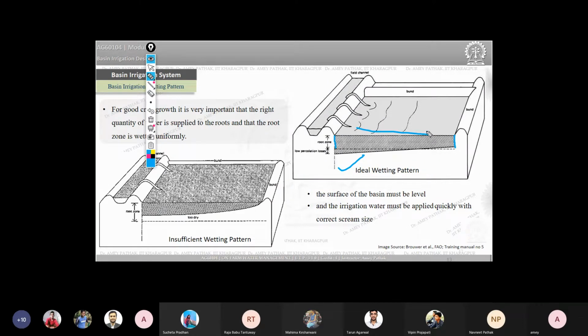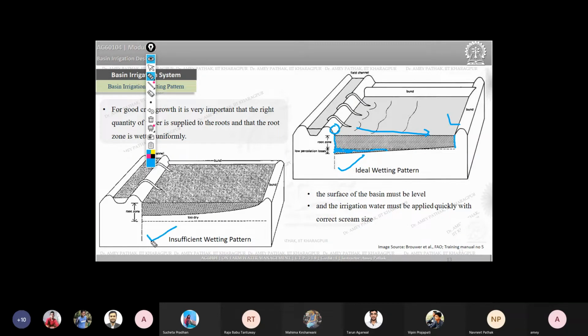So this is the entire length of the basin from x equal to 0 to x equal to L. Only this much amount of loss we are getting here. So this is your ideal wetting pattern.